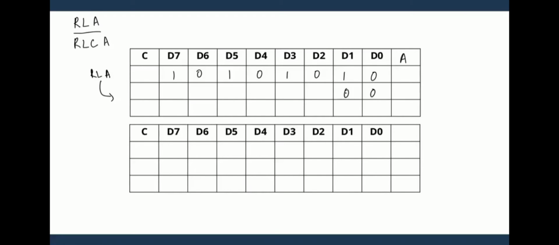Then D0 will become D1, D1 will become D2, D2 will become D3, D3 will become D4, like that, rotating one bit to the left. And what happens to D7? If D7 is 1, then D7 moves to the D0th position, and D0 changes to 1. This is the case with RLA, rotate left.